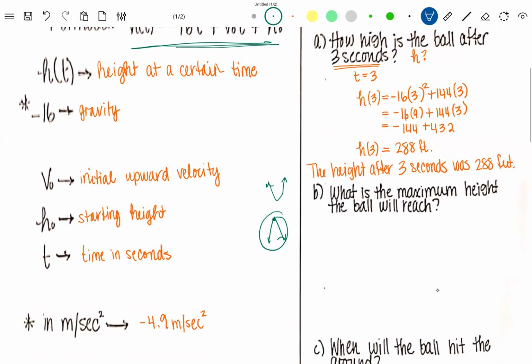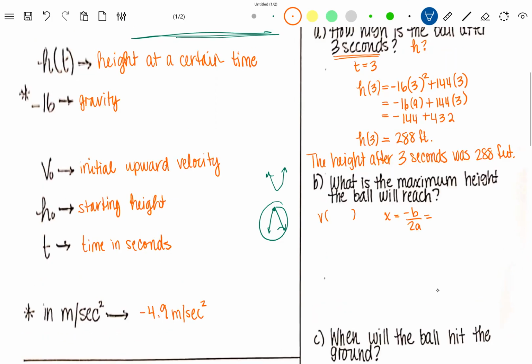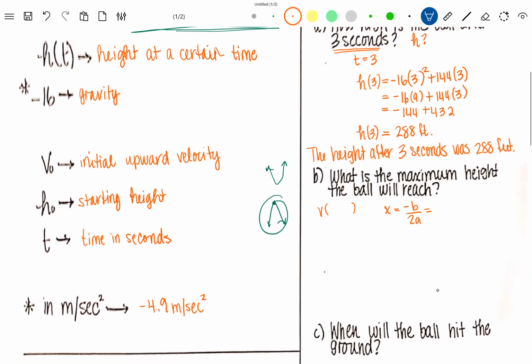So we need to find the vertex. So we got to find the X, which remember is the opposite of B over 2A. So B is 144. So that's negative 144 divided by 2 times negative 16. Negative 144 divided by negative 32.